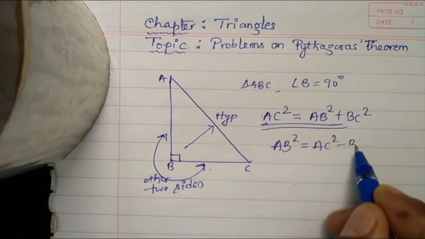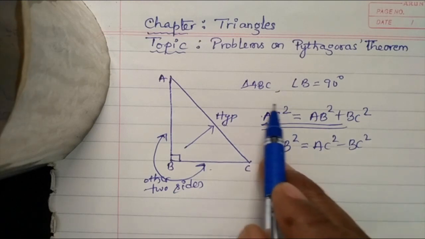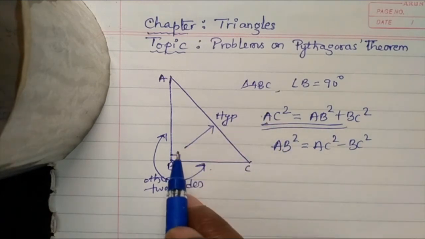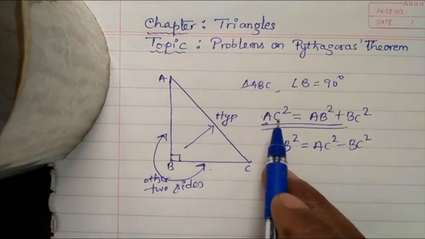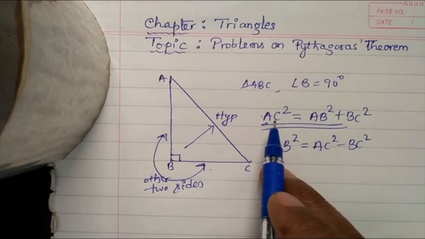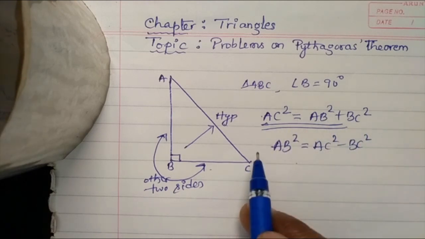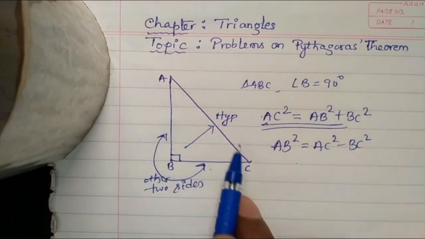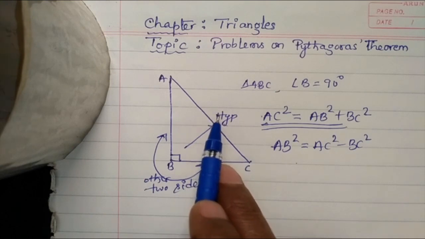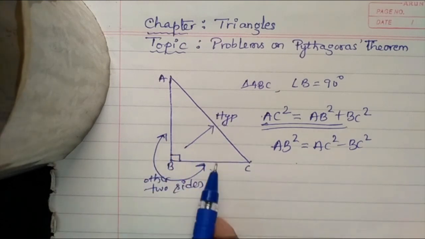AC is the longest side of the given right angle triangle. So the square on the longest side, or square on the hypotenuse, is equal to the sum of squares of the other two. That means the hypotenuse square alone is equal to the sum of squares of the other two.